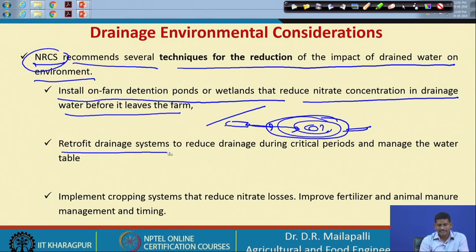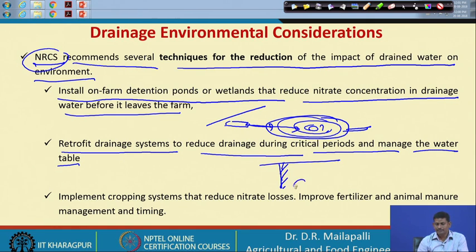And retrofit drainage systems to reduce drainage during critical periods and manage the water table. Sometimes you may have to construct a wall. Suppose here is the drainage, and here is the drainage. In critical cases the over-drainage needs to be stopped, so this wall will not allow the excess water to go.